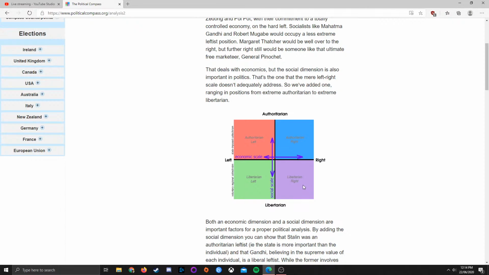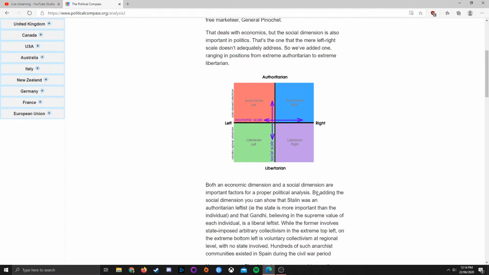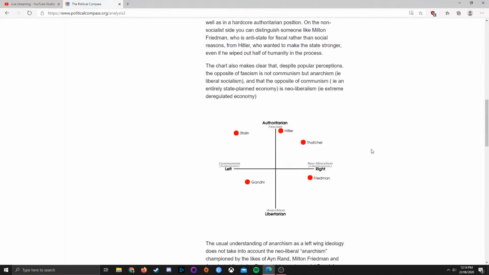These are all different sections, and most political and economic decisions you can place around this compass. Luckily, this website gives you a rough guide of where famous figures in history sit on this compass. If I just scroll down, you see there's a few people here.